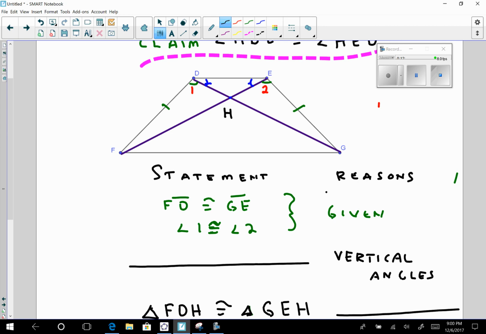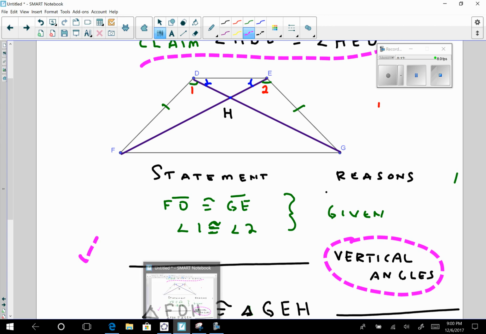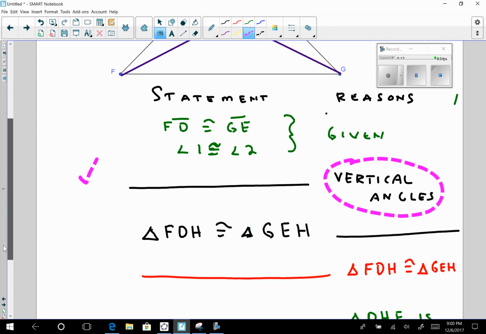And look, I have given you the reason of vertical angles. You're going to fill in the blank of what angles are vertical. And then I'm going to prove, through one of the 4 congruent statements that I've used, that triangle FDH is congruent to GEH.